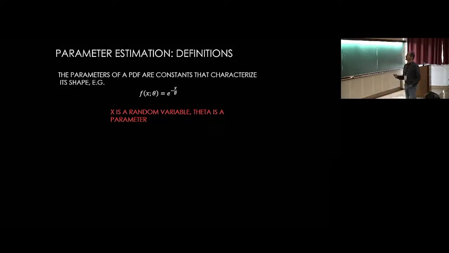Parameter estimation, the definitions of the parameters of a PDF. They are some constants that characterize the shape. So if I have a PDF of x, this might depend on some parameters theta, in this case, one single parameter, but there might be many.